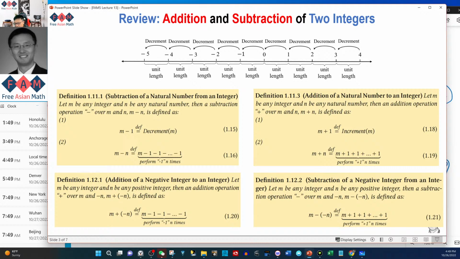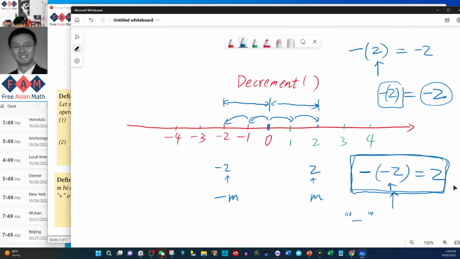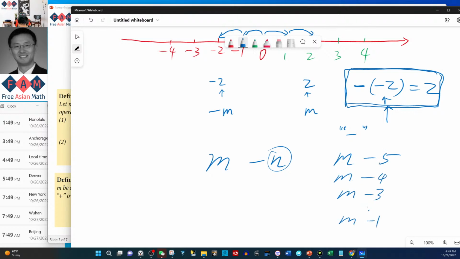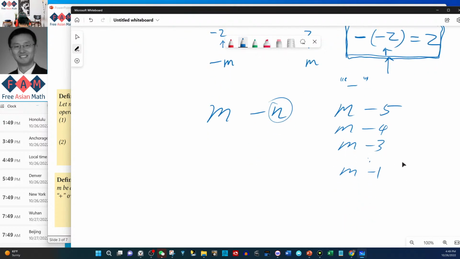Consider m minus n, where n is a positive integer, and we gradually reduce it: m minus 5, m minus 4, m minus 3, m minus 1, and finally m minus 0.